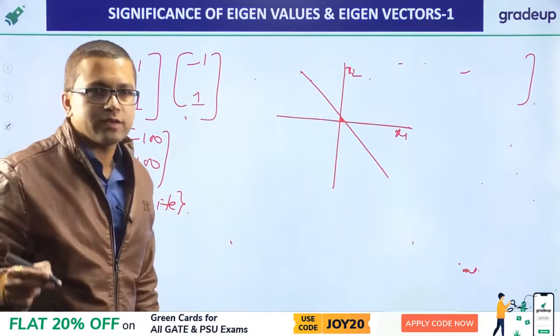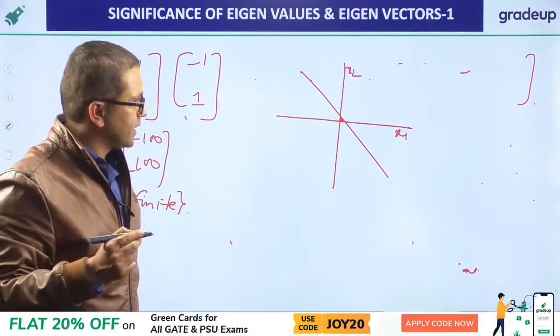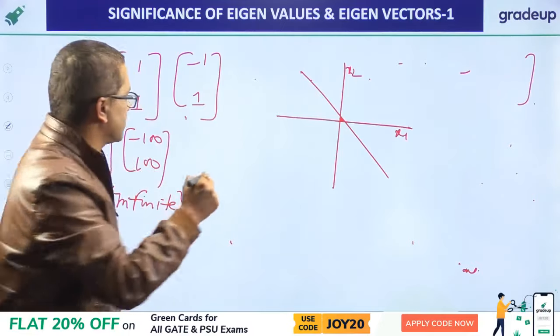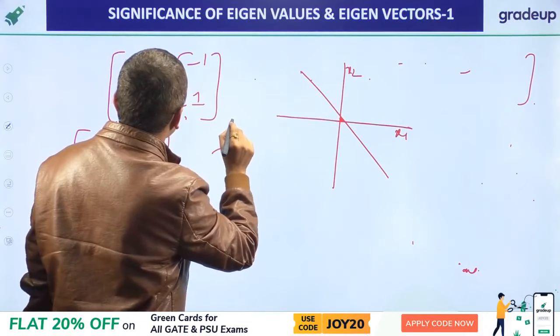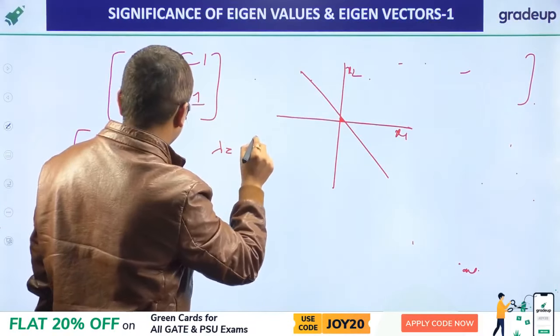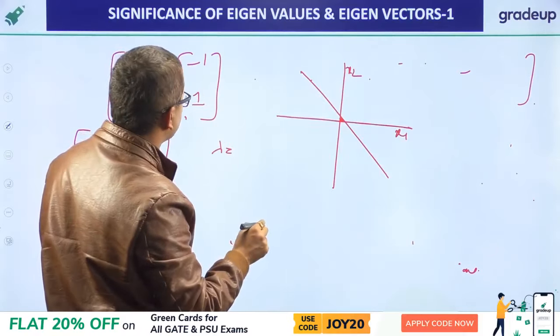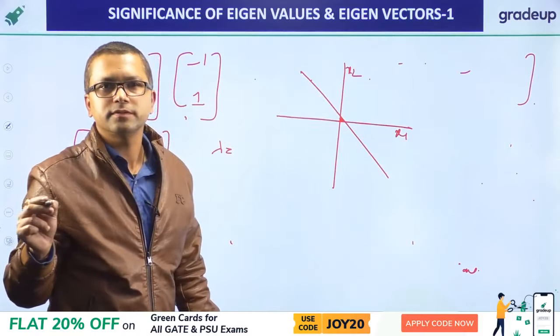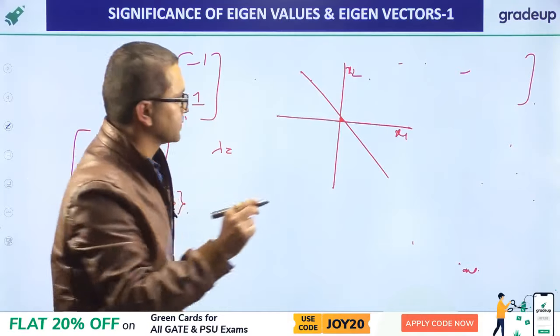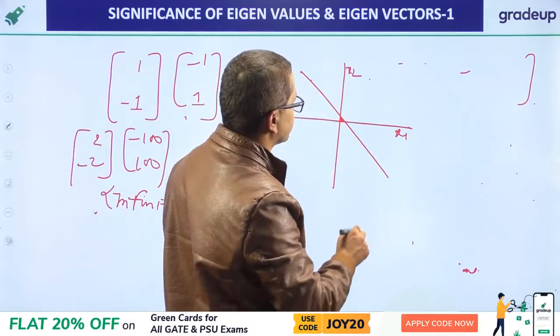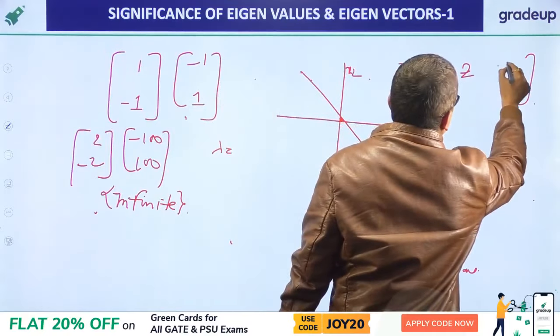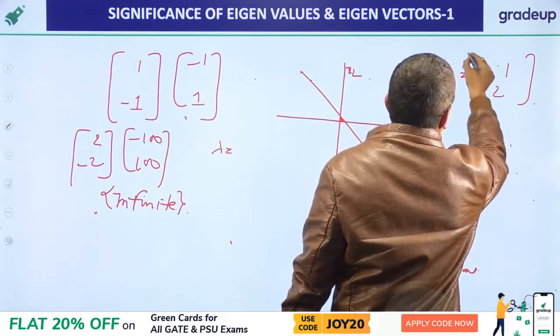So, similarly, can you find the next eigenvector corresponding to lambda equals what? We did it for lambda equals 1 or 3. 2, 1, 1, 2.